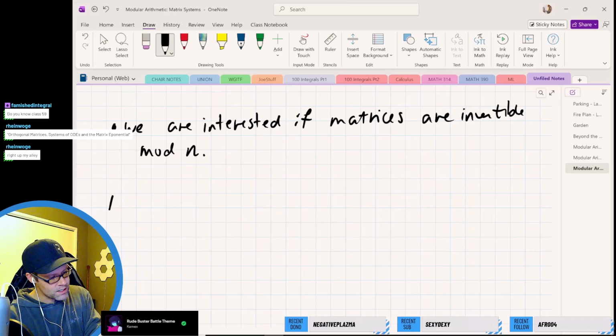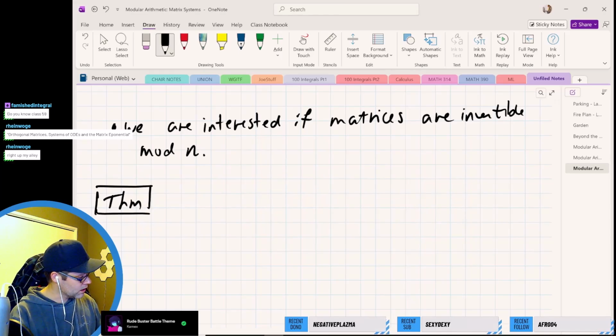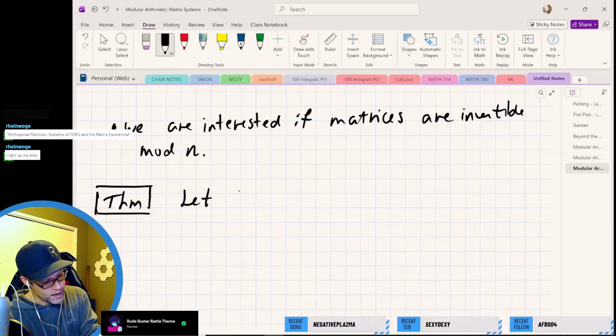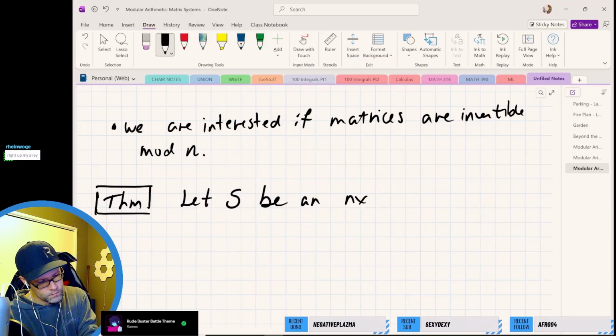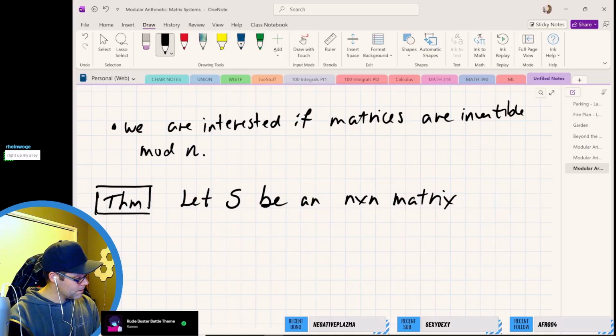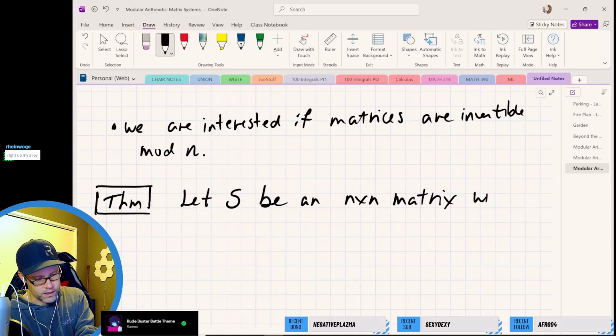So let's take a look at a theorem. I think this is the theorem that's going to guarantee what things are going to look like. Let's suppose we have capital S, an n by n matrix with integer entries.